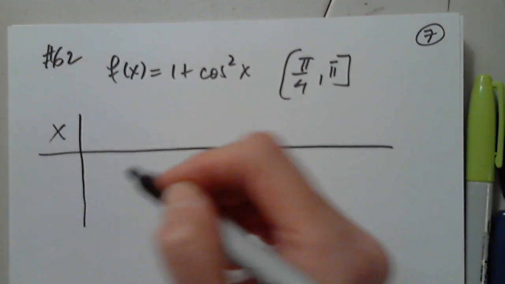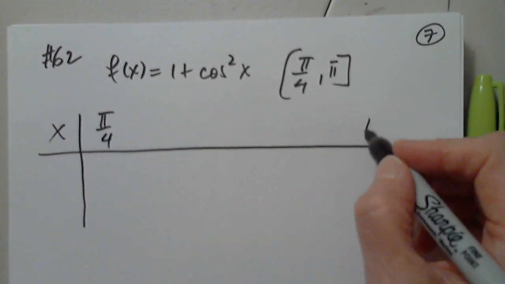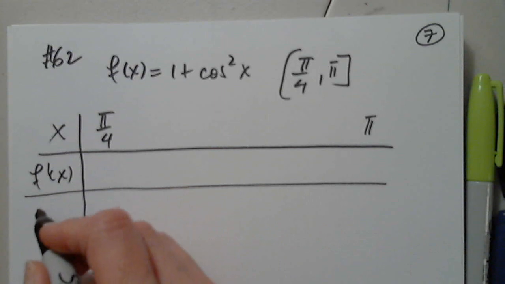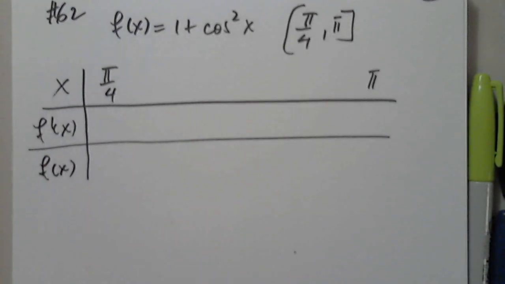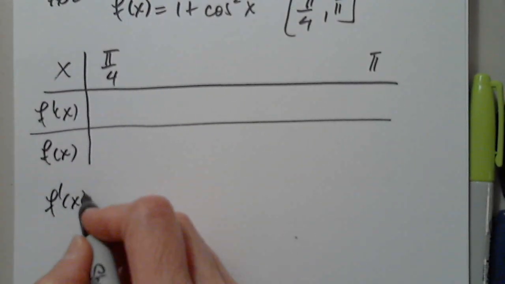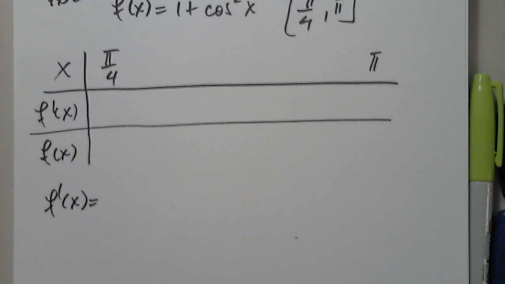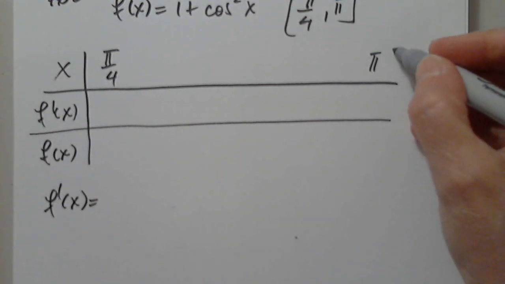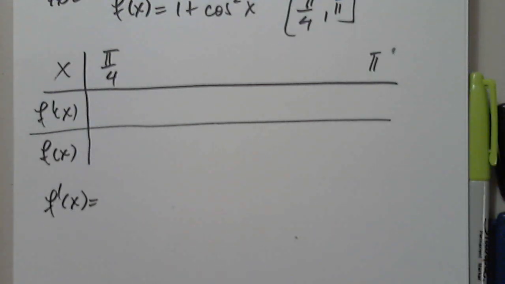So the world for this function is pi over 4 to pi. f prime of x and f of x. Yes, we have to find f prime of x. Can anyone give us f prime of x? Sine x squared.